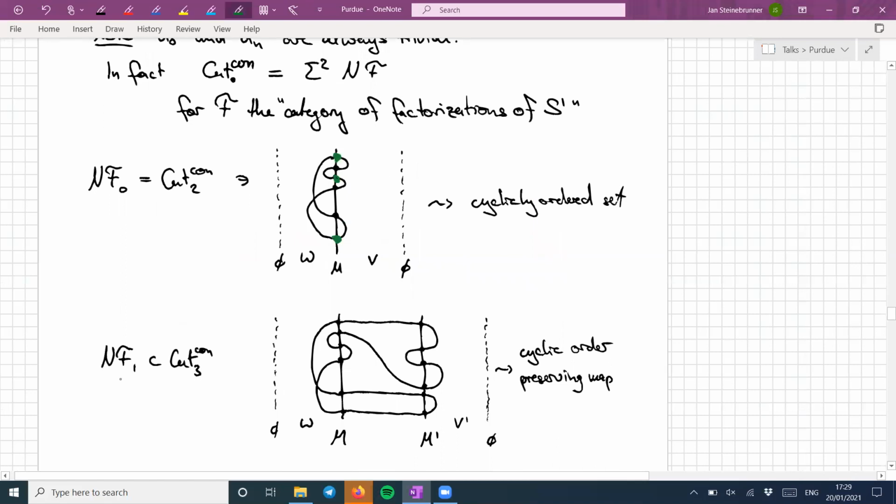And what are the morphisms in there? So I should look at cut 3. Note that there's a shift by 2 because I have this double suspension. Okay, so I'm just marking all the positively oriented points again. Here.